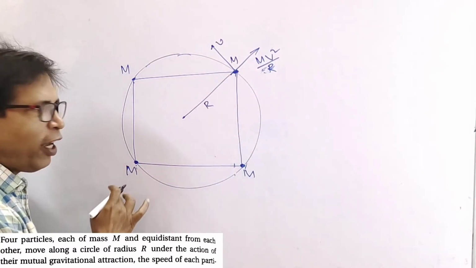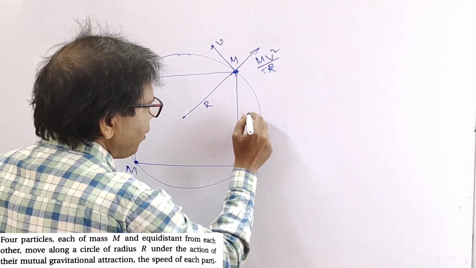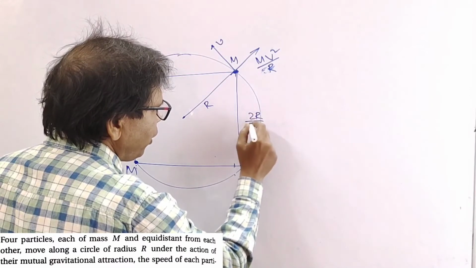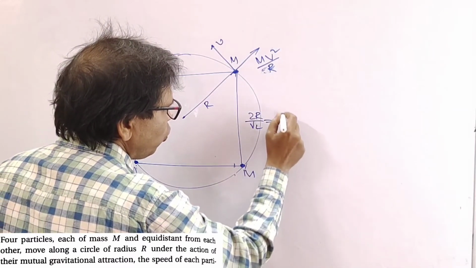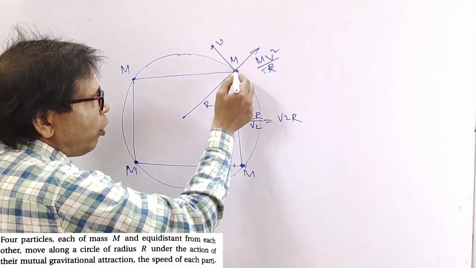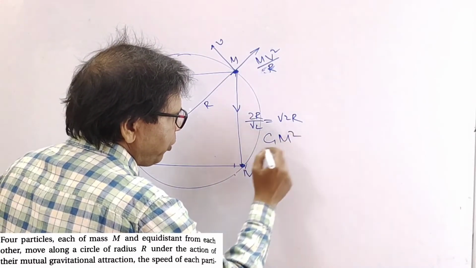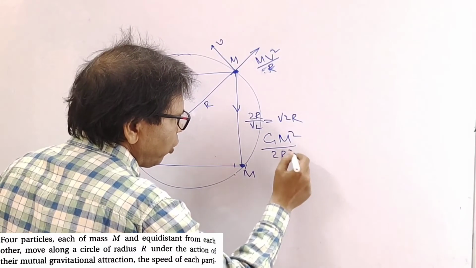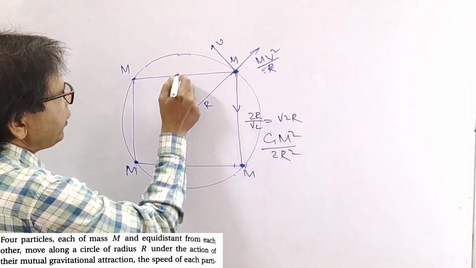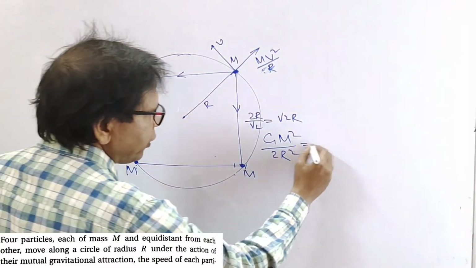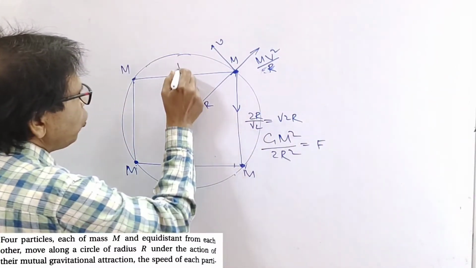Now 2R is the diagonal, so the side becomes 2R by root 2, that is root 2 R. Now the force on this by this is G m square divided by (root 2 R) square. Okay, now this is also the same force, this is F, this also F.